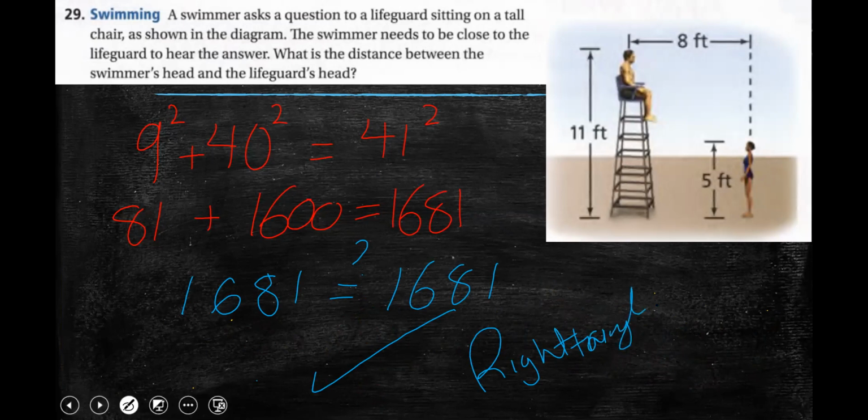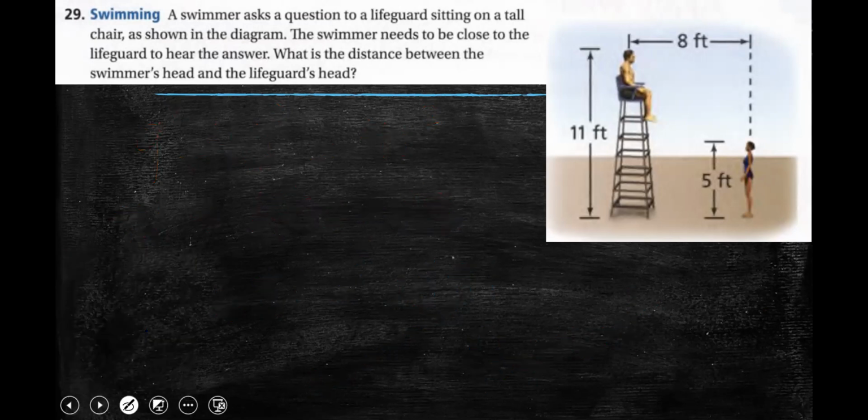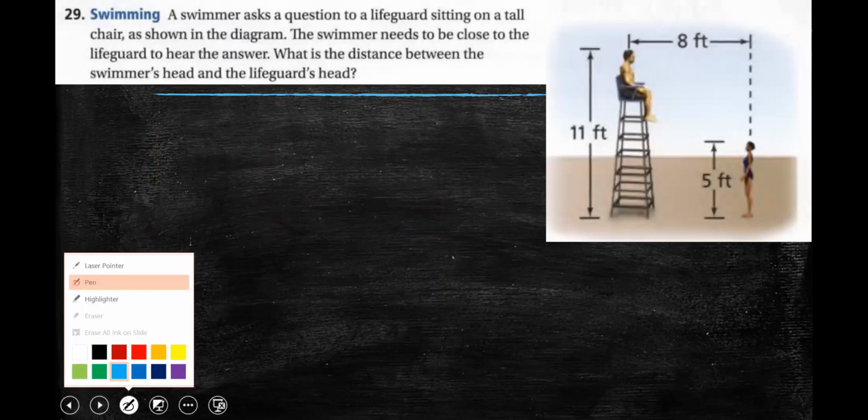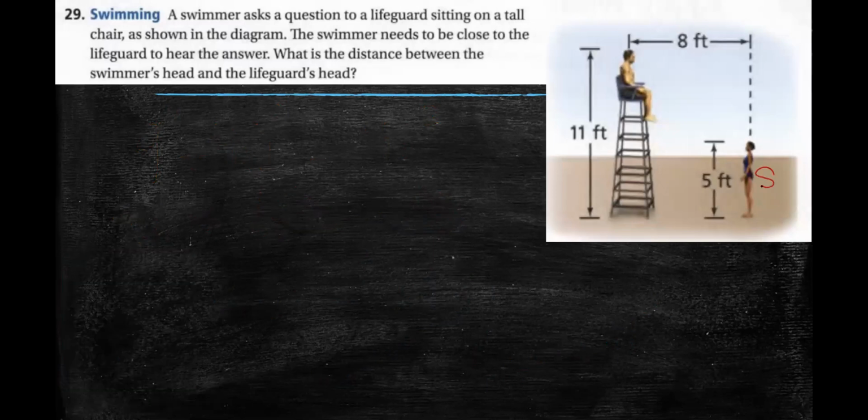Now let's solve number 29. As you see, we have a swimmer who asks a question to a lifeguard sitting on a tall chair.